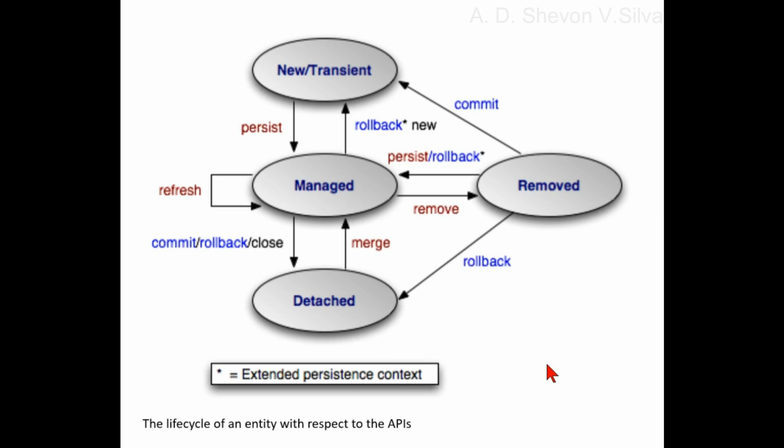An entity instance can be characterized as being new, managed, detached, or removed. A new entity instance has no persistent identity and is not yet associated with the persistence context.